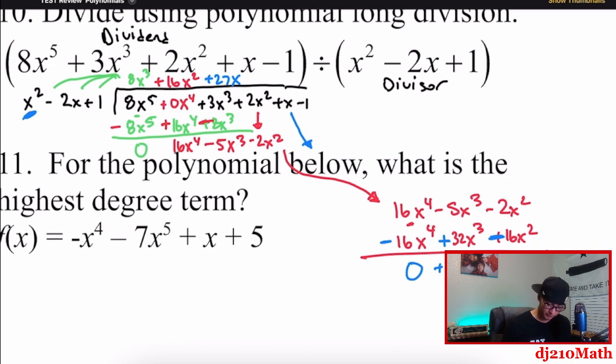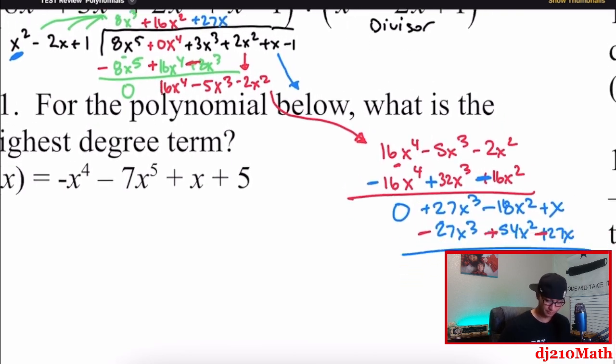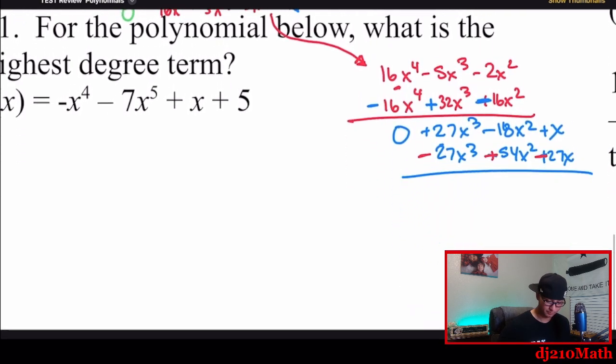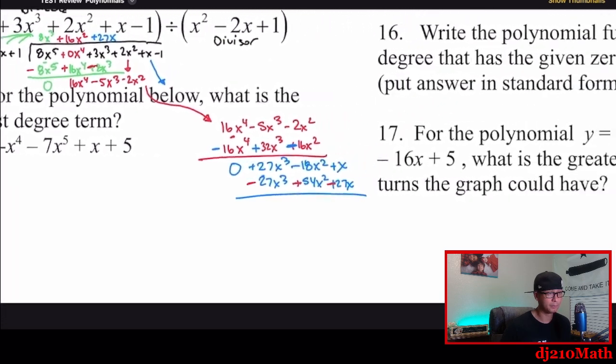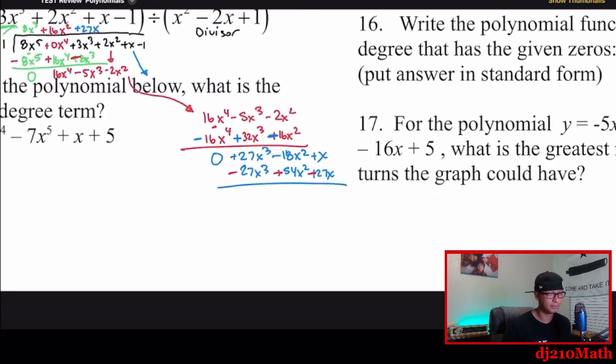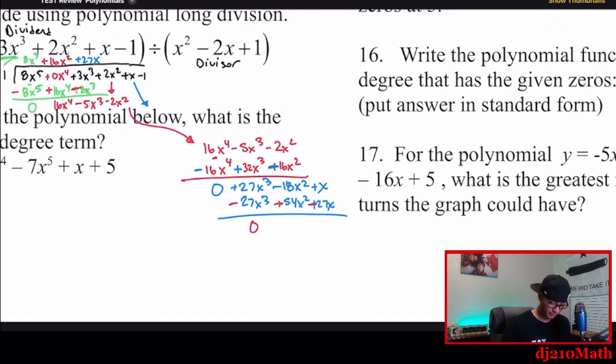And then times 1, plus 27x. We have to flip the signs. This is going to be negative, this is going to be plus, it's going to be negative. When we combine, oh, you can't see it. I should have looked up. All right, when we combine, we're almost there. We're going to get 0. Negative 18 plus 54.